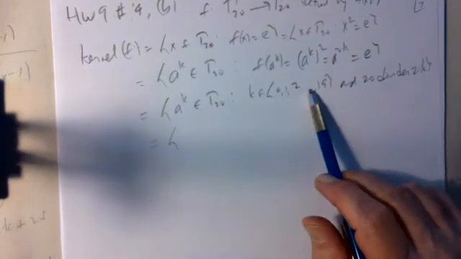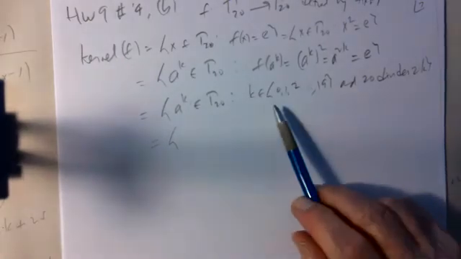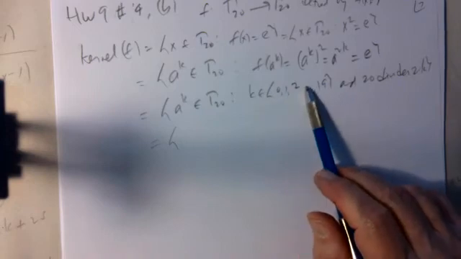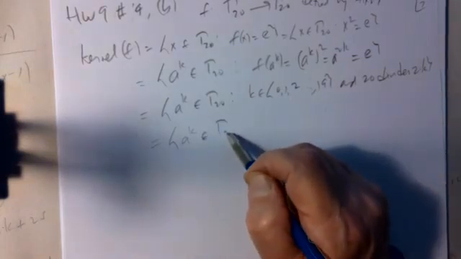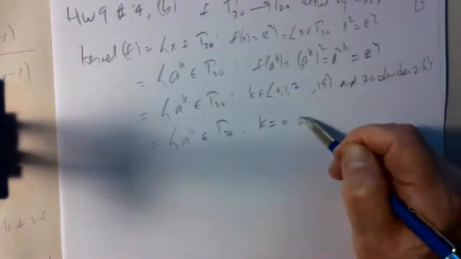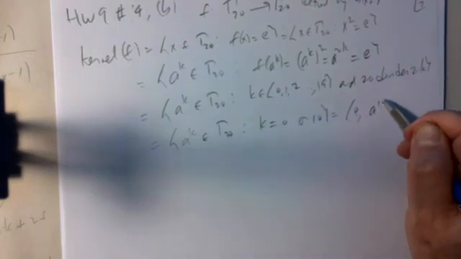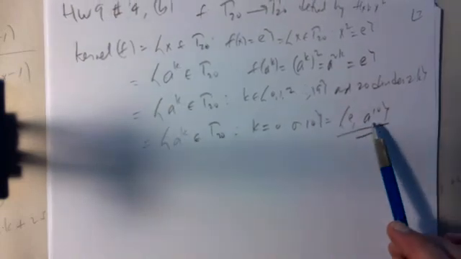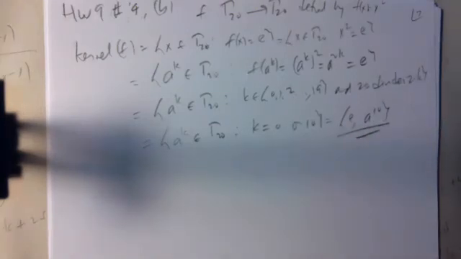And what numbers in this set have the property that if you multiply them by 2, you get something divisible by 20? Well, 2 times 0 is divisible by 20, and 2 times 10 is 20, which is divisible by 20. This is all a to the k, where k equals 0 or 10. A to the 0 is the identity, or a to the 10th. So the kernel of this homomorphism has 2 elements in it, the identity and a to the 10th.